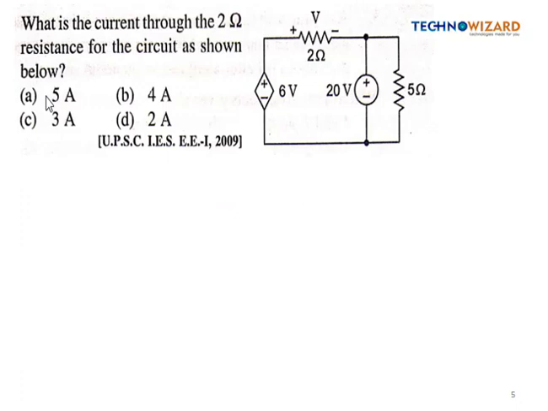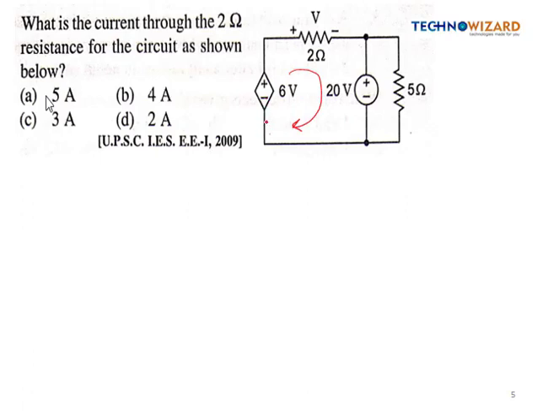So next question is, what is the current through the 2 ohm resistance for the circuit as shown below? Okay, so we have to calculate the current through the 2 ohm resistance. Here this is a voltage controlled voltage source, so we can simply apply the KVL in this loop, right?